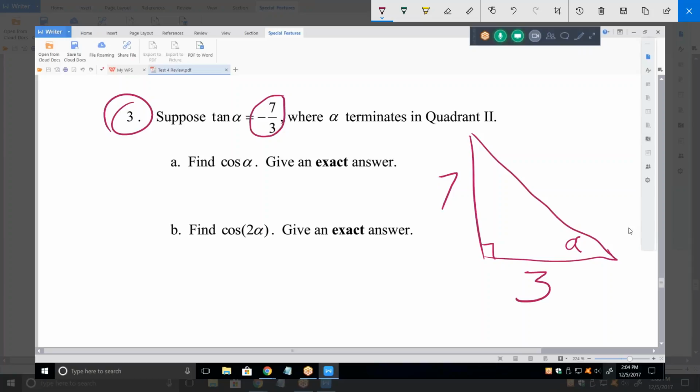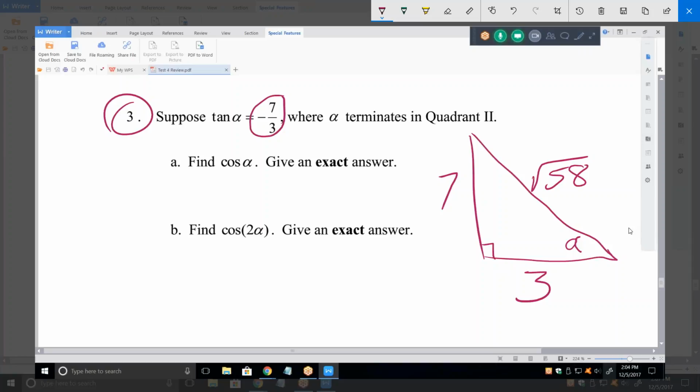Square root of 40. It's the square root of the sum of the sides squared. Square root of 58. Okay, it's not the difference. When you are solving for the hypotenuse, it's always the sum. When you're solving for one of the short sides, it's always the difference, starting with the hypotenuse squared.